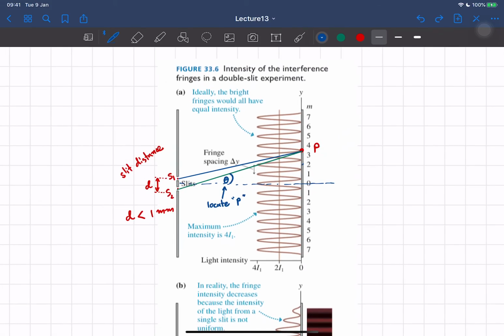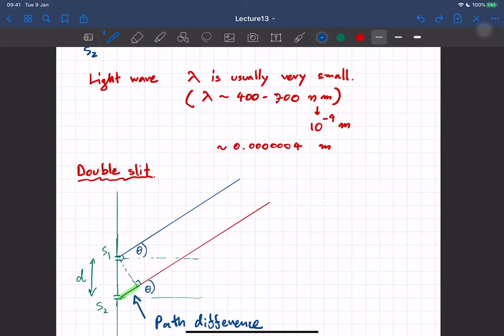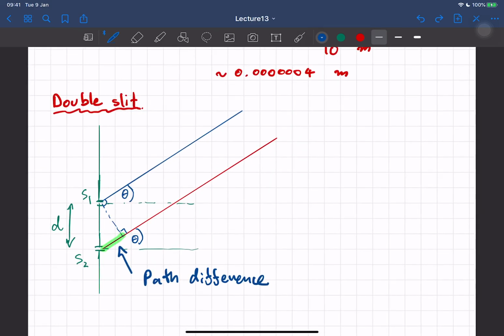So let's go back here. Once we know this angle, a few simple steps in geometry will convince you that this angle is also theta. It's not that difficult to confirm this. So I have this right triangle, the yellow one, and I know this distance.